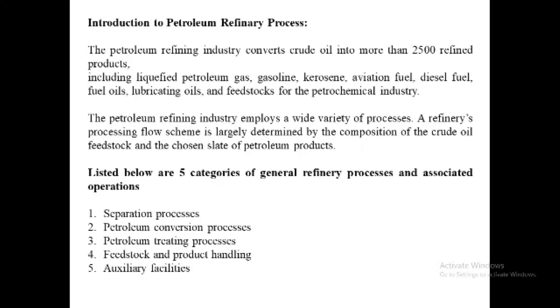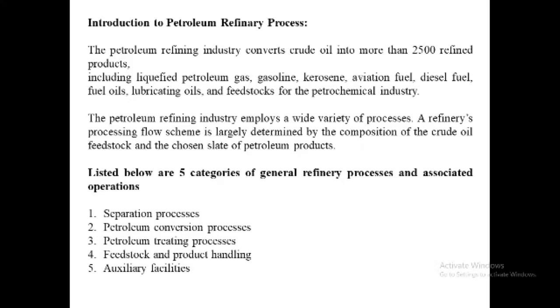Crude oil consists of a mixture of hydrocarbon compounds, including paraffins, naphthenics, and aromatic hydrocarbons, with small amounts of impurities, including sulfur, nitrogen, oxygen, and other metals. This refinery separation process separates the crude oil into constituents in common boiling point fractions.